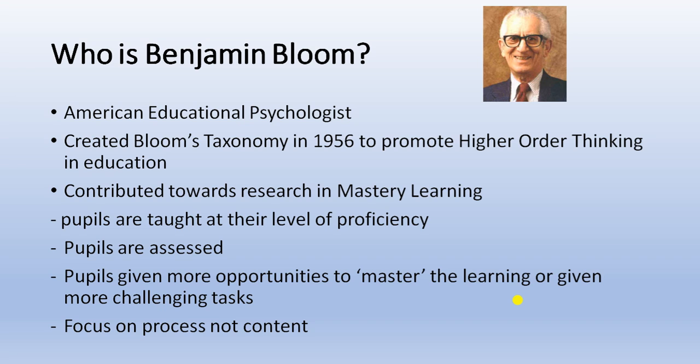Now we will start with the person Benjamin Bloom, who originated this Bloom's taxonomy for us. It was originally published in 1956 by a team of cognitive psychologists at the University of Chicago, and it is named after the committee's chairman, Benjamin Bloom.